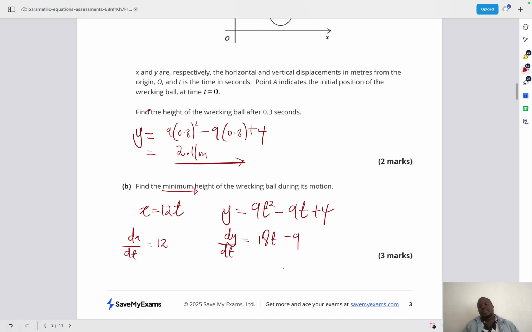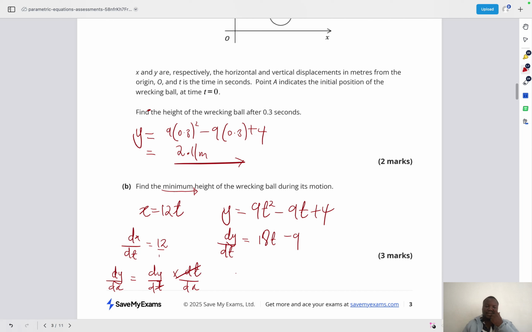Now we know that to find dy/dx, we need to multiply dy/dt times dt/dx, so that these can cancel. But dt/dx is the reciprocal of 12, which is just 1 over 12.